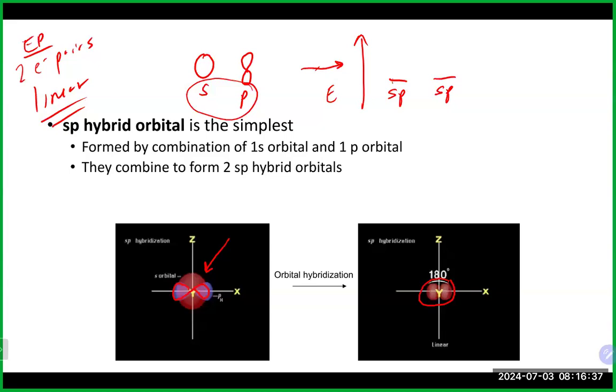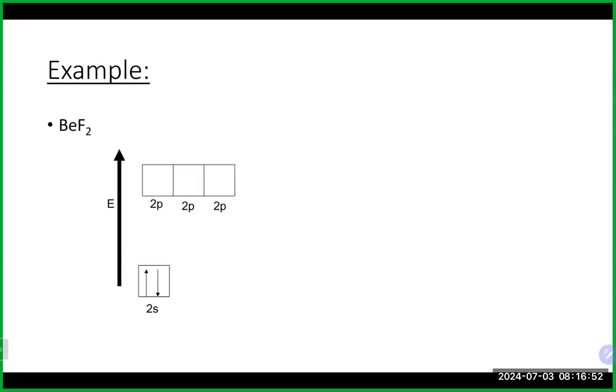So our linear arrangement in terms of electron pair geometry is 180 degrees, and that corresponds to our sp hybridized orbital. So what happens in this process, for example, if we look at beryllium fluoride, and what we're looking at here is beryllium, which is number 4 on the periodic table, 1s2, 2s2. That's beryllium.